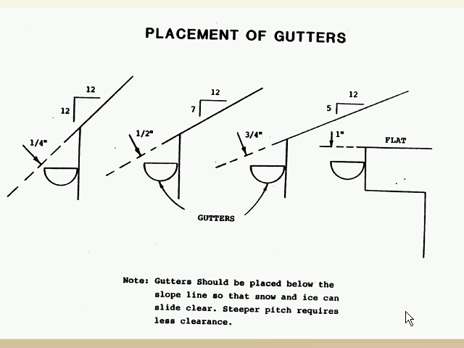But if you're in an area where you could have snow and ice sliding off the roof, you want to make sure the gutters are in a position where that ice and snow will miss them. So here's a diagram. I think this originally comes from the Midwest Plan Service, but you'll see this particular diagram in a lot of different places in literature if you go out and look for design of gutters.